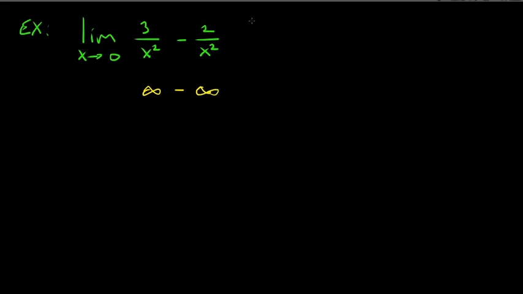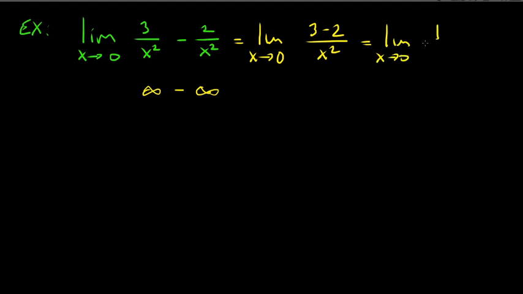But in this case, we really do get 0 here. The easiest way to see that is to simplify again. This is just 3 minus 2 all over x squared, common denominator. So we're taking the limit as x goes to 0 of 1 over x squared. But as the denominator... Oh, no, I'm sorry. We don't get 0 again. We get infinity. This is still infinity.